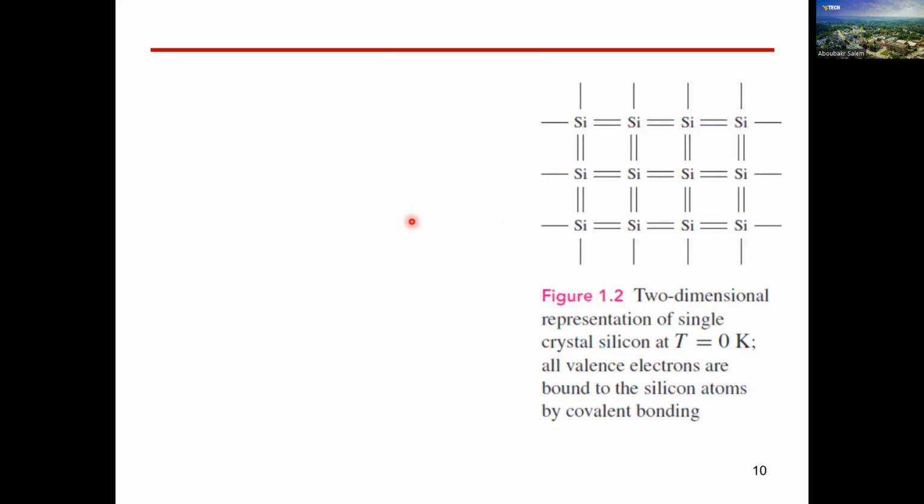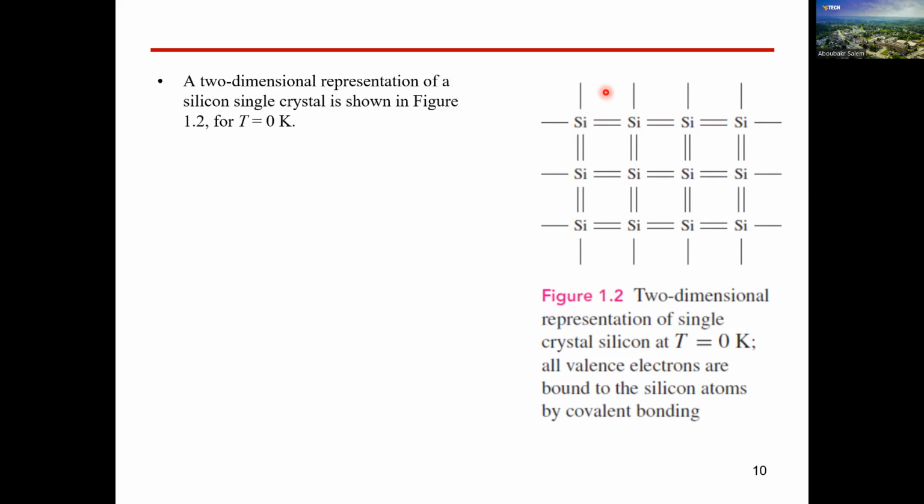Let's see, guys, if we have a two-dimensional view of a silicon crystal here. As you can see, every silicon atom is connected to another silicon atom by means of two electrons, making a bond in between. So here in this figure, a two-dimensional representation of a silicon single crystal is shown.